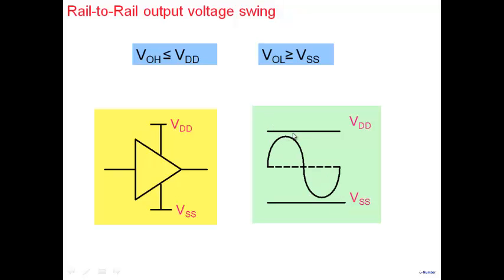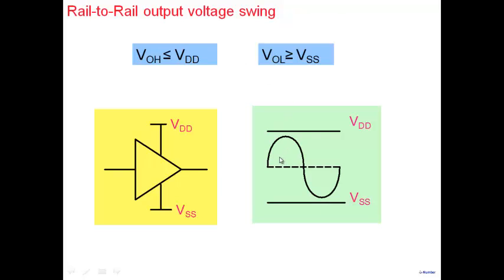The idea is that my output voltage can go almost as close to VDD here and VSS here without getting distorted, without getting clipped. So output swing is as large as VDD in the positive direction, as low as VSS in the negative direction here. If that happens, we call it an amplifier with a rail-to-rail voltage swing.